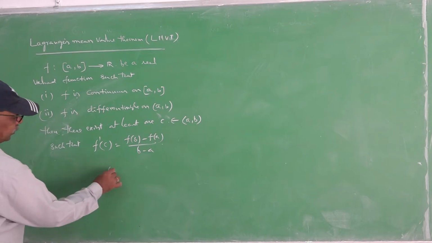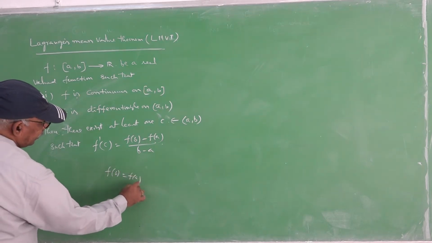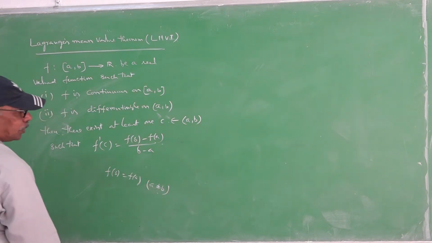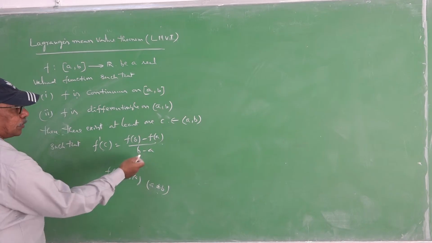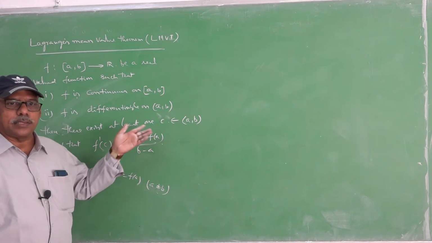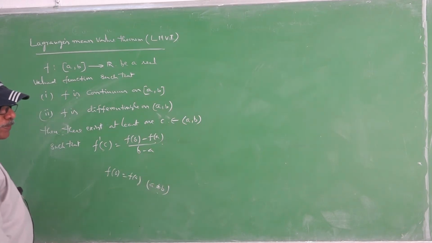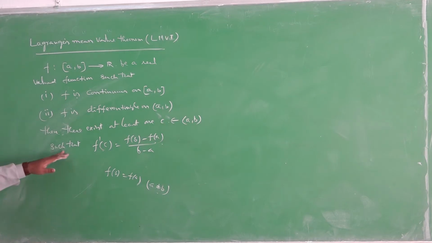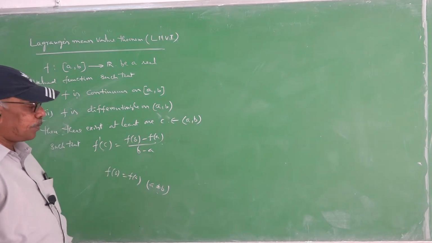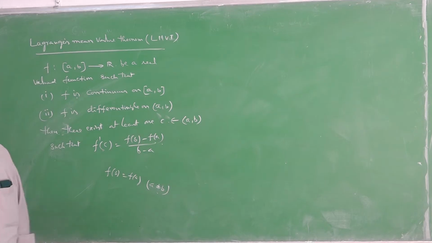Once f(b) equals f(a) for a not equal to b, then clearly f dash c equals 0, which comes under Rolle's theorem. So certainly there exists at least one c in the open interval (a, b) such that there the derivative takes the value (f(b) minus f(a)) by (b minus a). This is Lagrange's mean value theorem.